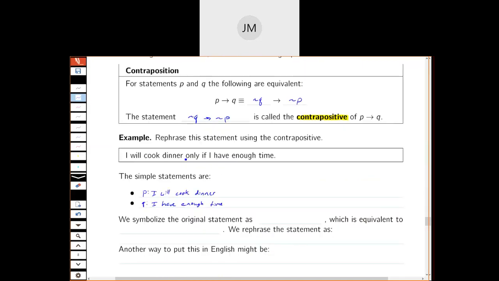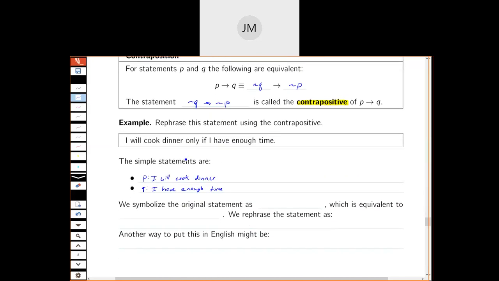So we have the same thing to watch out for. The only if is not the same as the if. Okay, it's like the then piece. So I will cook dinner is the first one. So this is going to be symbolized as if P then Q, which we just said is equivalent to if not Q then not P. So if I write that out back in English, not Q is I do not have enough time.